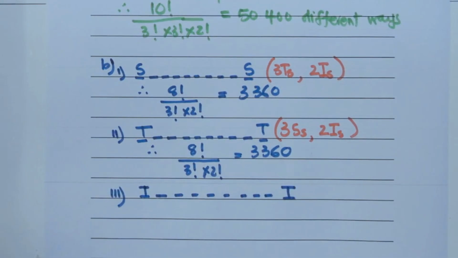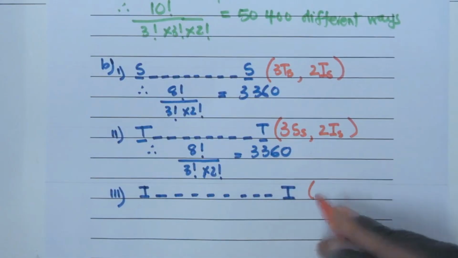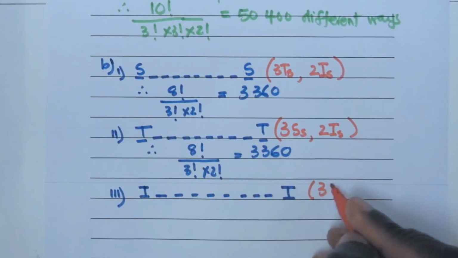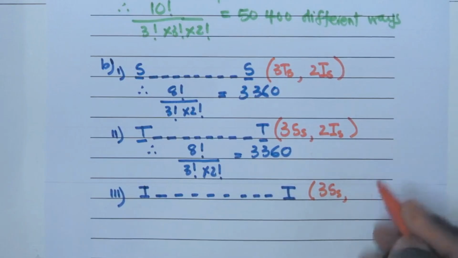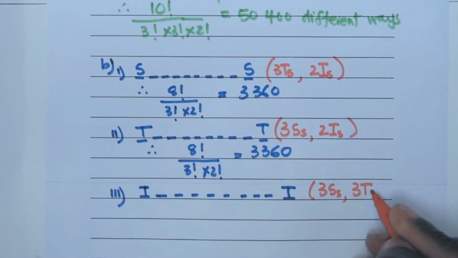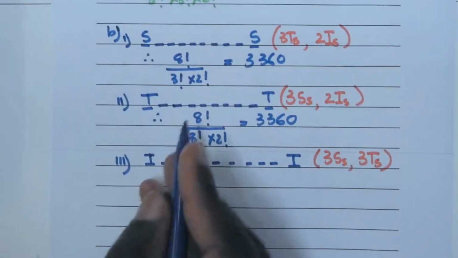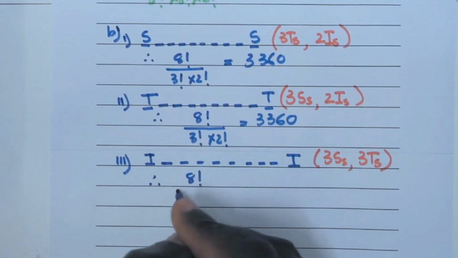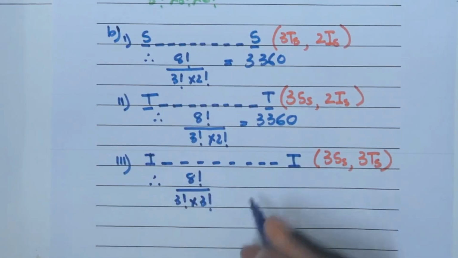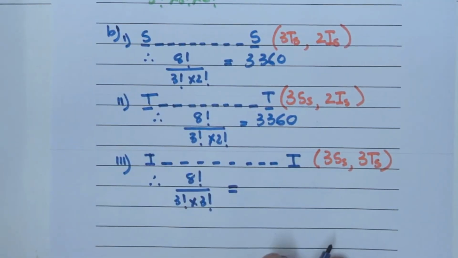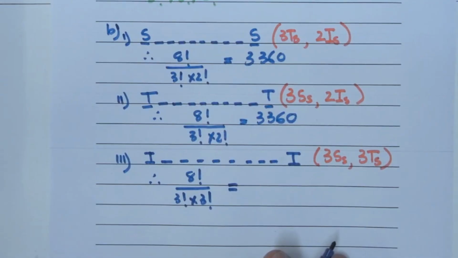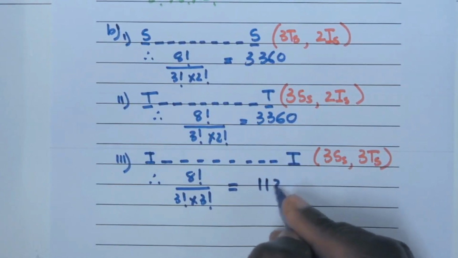And if I check here, I'm going to notice that I'm going to have 3 S's which are repeated, and I'm also going to have 3 T's. And if I simplify here, I'm going to get 8 factorial to arrange the letters inside, divided by the arrangements of the repetitions. And my final answer, if I simplify, I'm going to get 1,120.